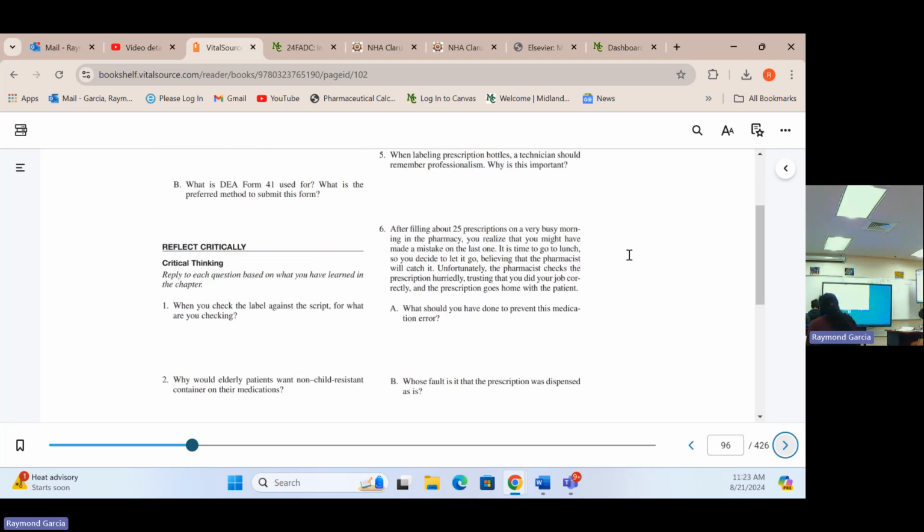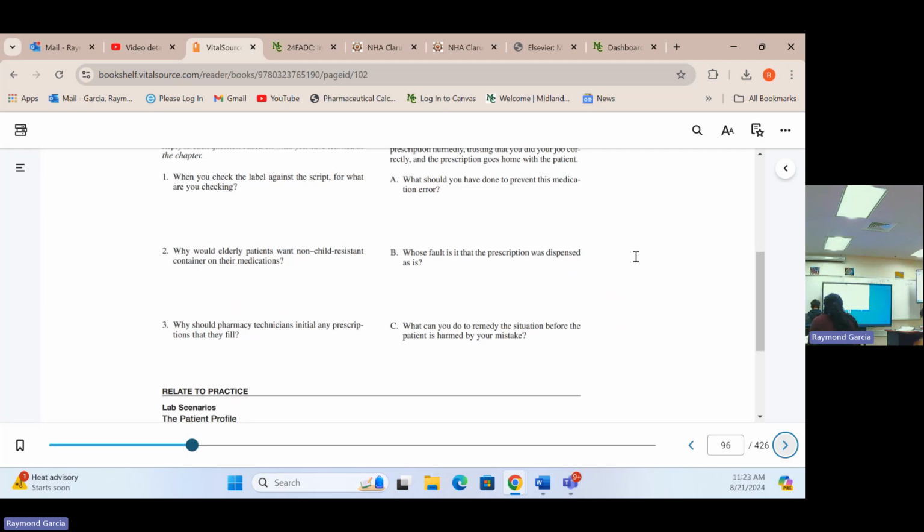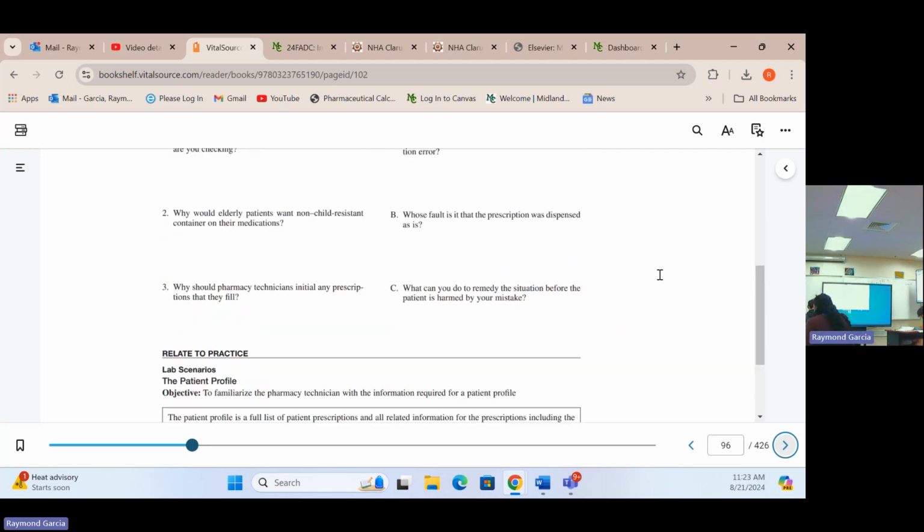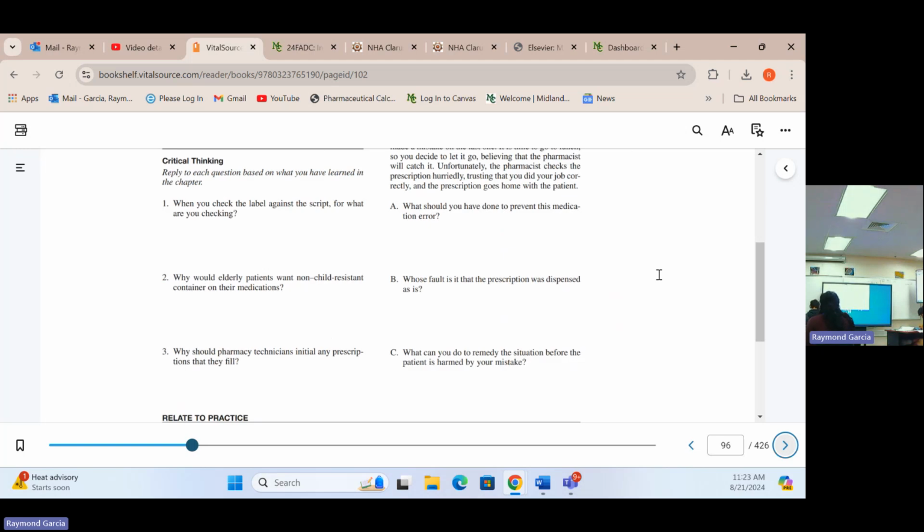First question, critical thinking. When you check the label, this is on page, what page is that? 6. Yeah. Your worksheets. When you check the label against a script, for what are you checking?